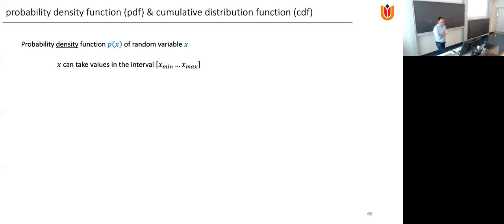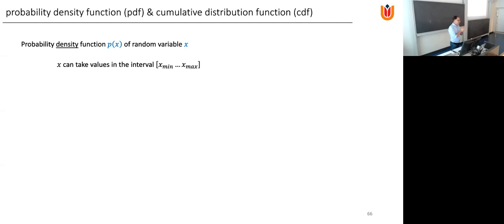All right. So let's look into the terminology of these density functions and probability functions. The probability density function, P of x, of a certain random variable. In our case, the random variable is going to be step size or scattering angle. It is called P, the probability density function.